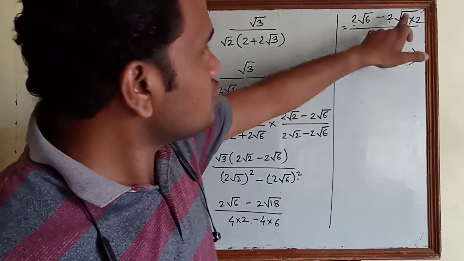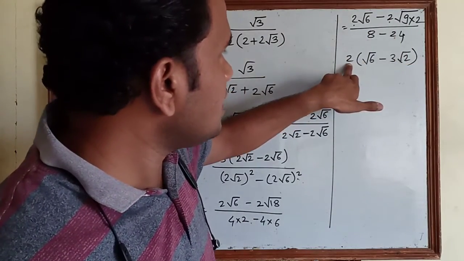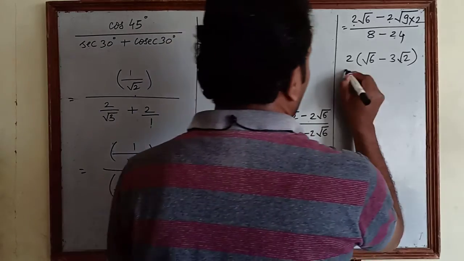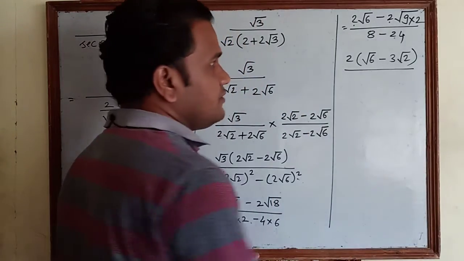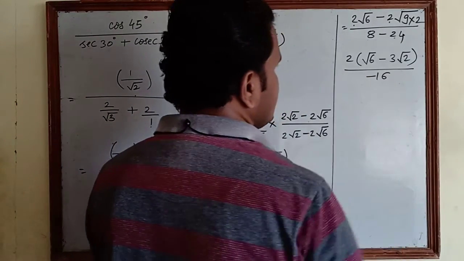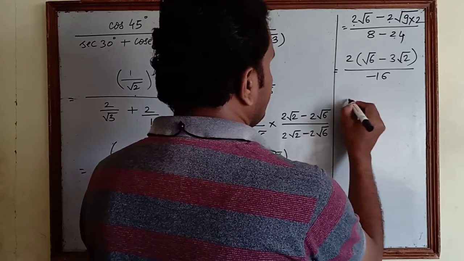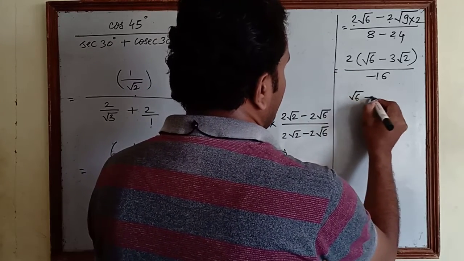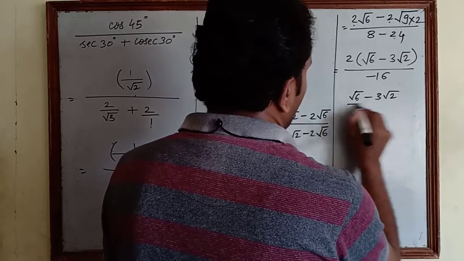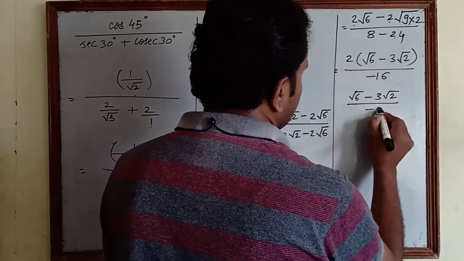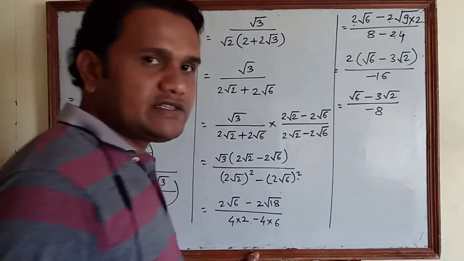Okay, so in this way these 2 come as a common number, upon 8 minus 24, minus 16. Okay, so root 6 minus 3 root 2 upon minus 16. This may be the answer.